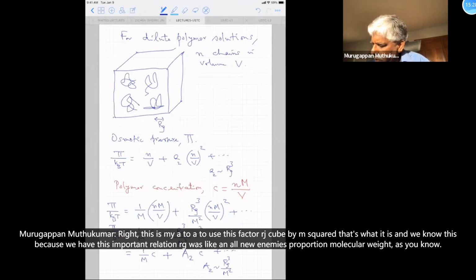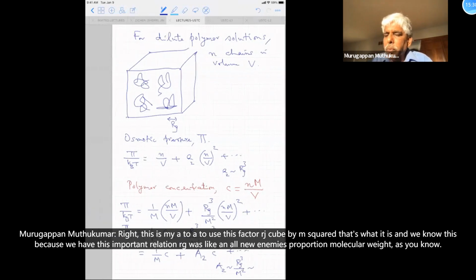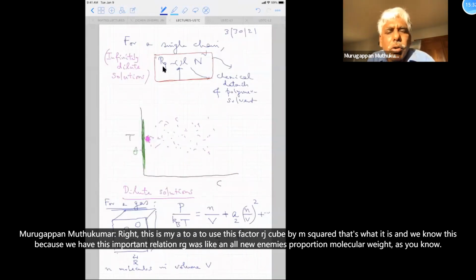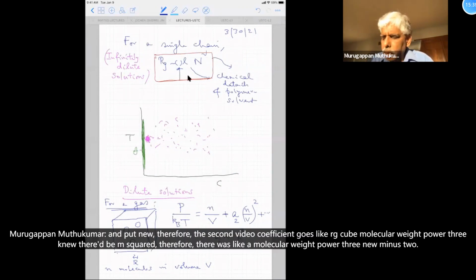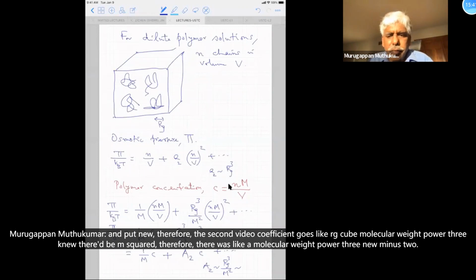And we know this because we have this important relation: Rg goes like N to the power nu. N is proportional to molecular weight, as you know. Therefore, the second virial coefficient goes like Rg cubed, that is molecular weight to the power 3 nu, divided by M squared. Therefore, this goes like molecular weight to the power 3 nu minus 2.